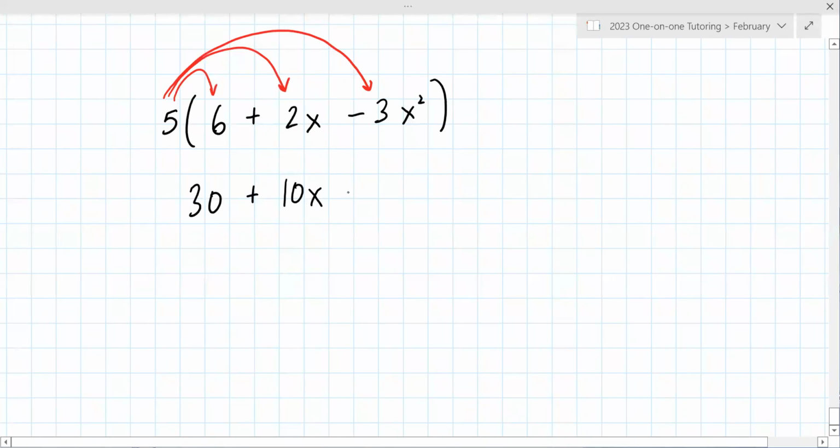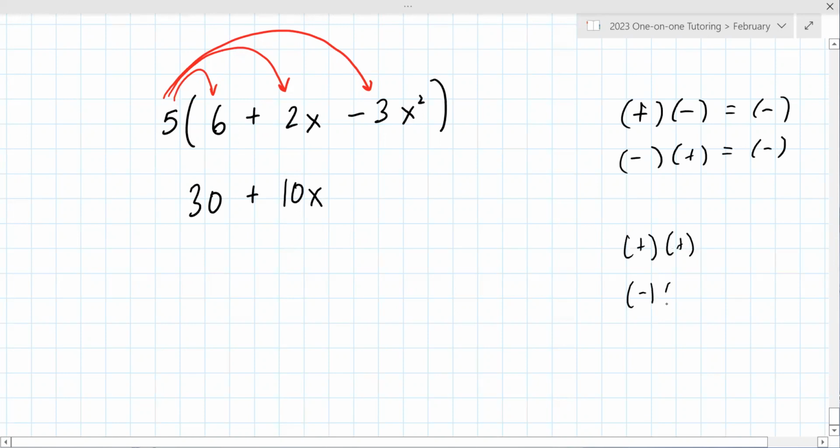What would you do for multiplying a positive by a negative number? A positive times a negative is always negative. And if they're the same sign, a negative and a negative would be a positive. So it would be negative 15x squared. Yeah. Can you combine anything here?